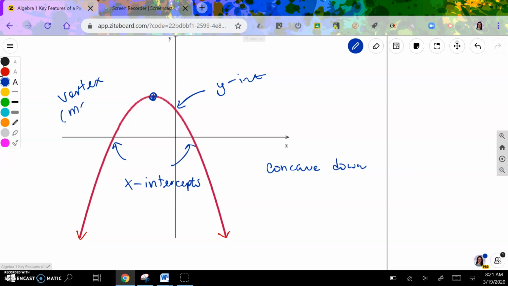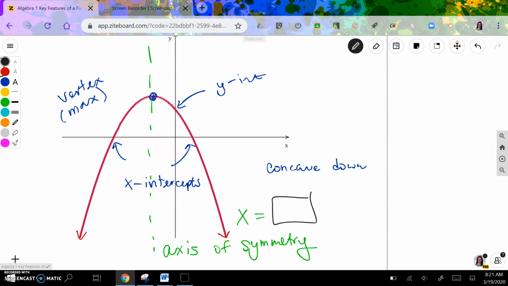So this is your max. And we have our axis of symmetry, which is the line that cuts your parabola into two perfectly symmetrical parts. It's going to have an equation of x equals a number.